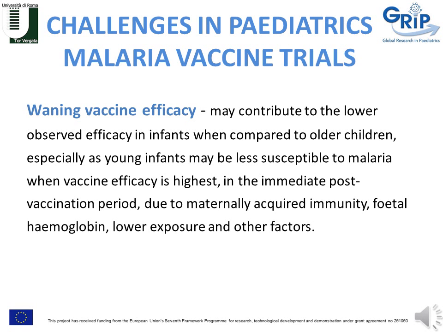This would also contribute to the lower efficacy observed among young infants as compared to the older children. And this may be contributed to by maternally acquired immunity, fetal hemoglobin levels, lower exposure to infection, and other factors associated with young infants.